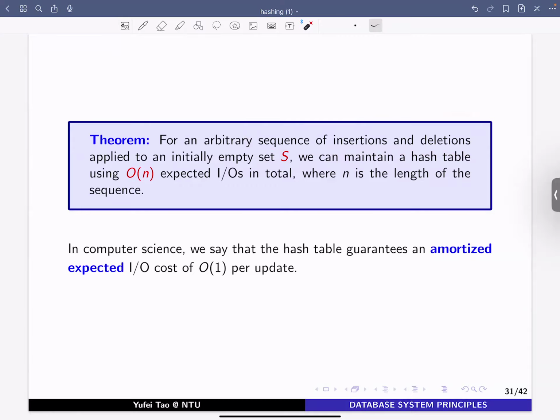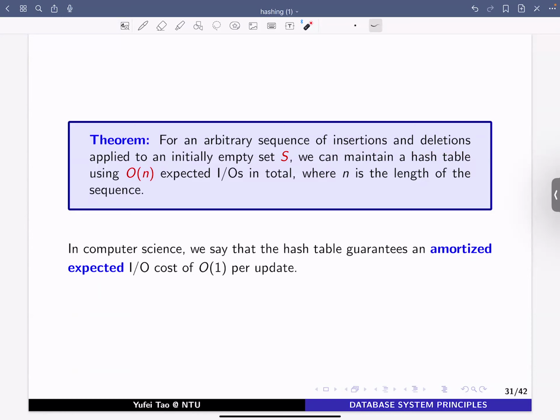Okay, so if n is the total length of the sequence, then you are able to prove that in total, in order to perform these n operations, the total I/O cost is big O of n expected. So as I said, the effect is as if every insertion and every deletion costs you a constant number of IOs in expectation. Okay, so this is the theorem.